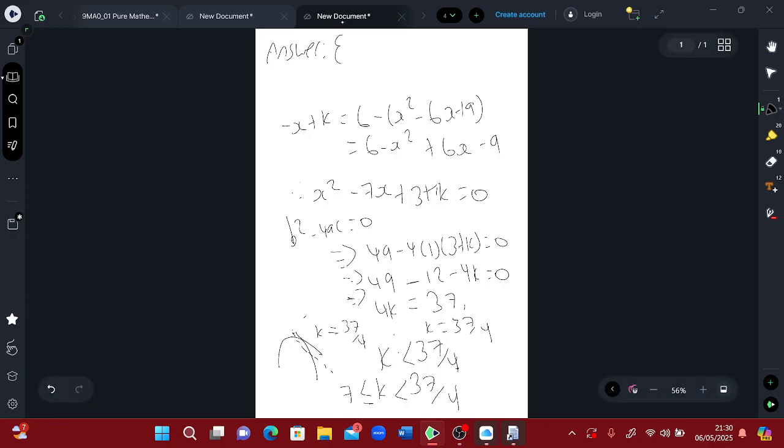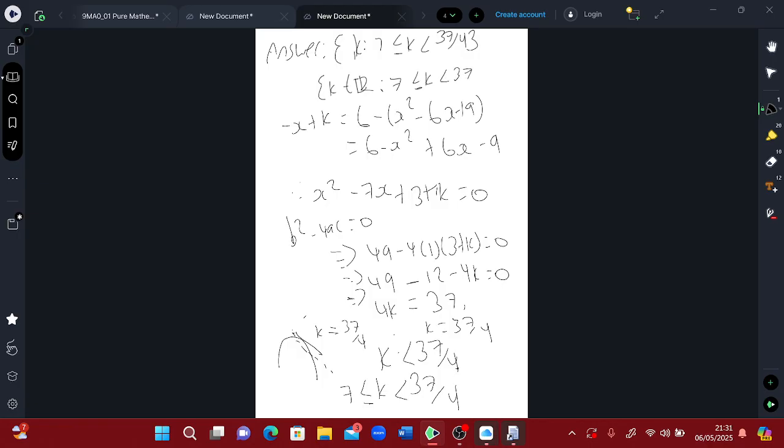Just know it'd be k such that 7 is less than or equal to k, which is less than 37 over 4. But how you'd properly do a set is really k in the reals, so any real value of k such that 7 is less than or equal to k.